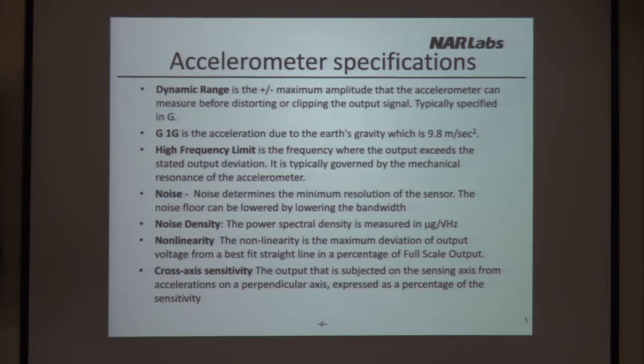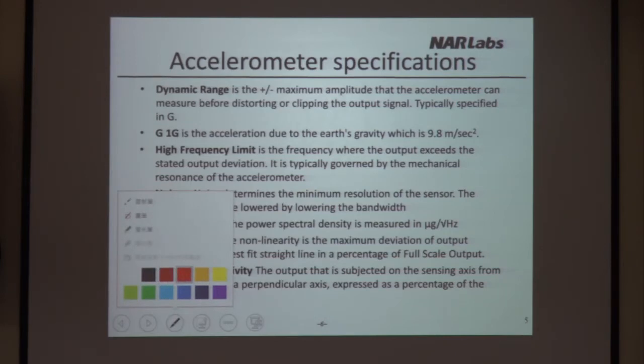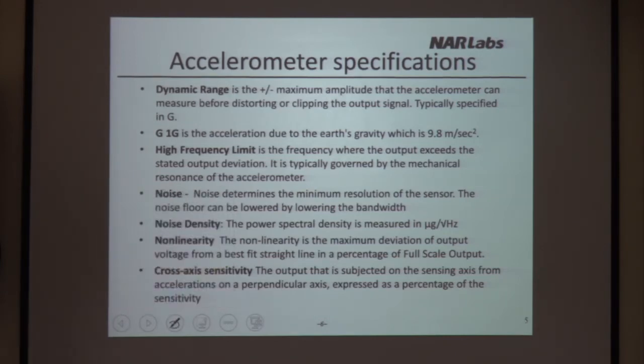So the relation between acceleration and voltage should be linear. But usually, the world is not perfect. Your device, if you do an experiment, will go up and down a little bit, like this.